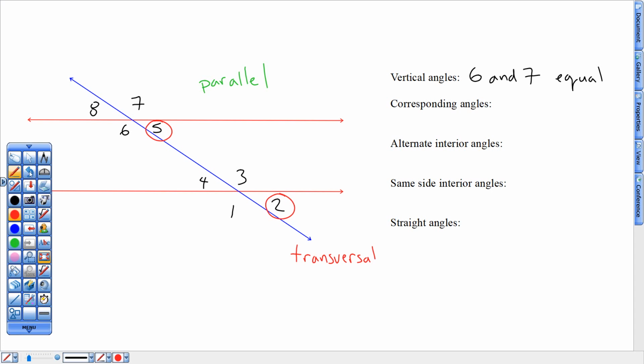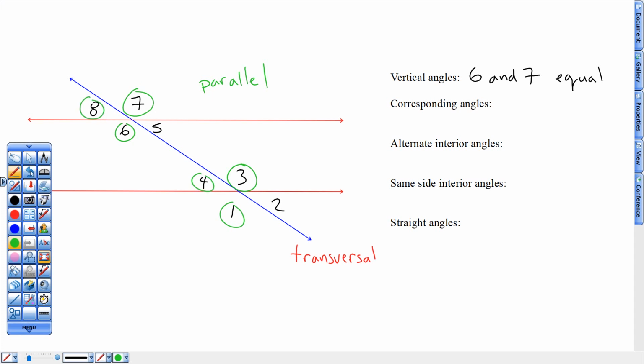If I did another pair of corresponding, if I could get rid of that. Here's another pair of corresponding. This 6 right here on the inside, and then this 1 down here. One on the inside, one on the outside that are equal. Here's another corresponding pair. How about 3 and 7, or 6 and 1, or 4 and 8?